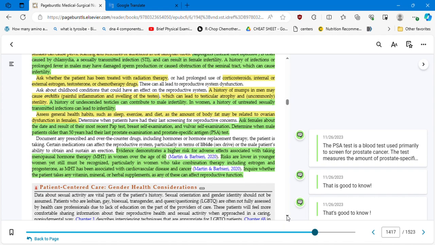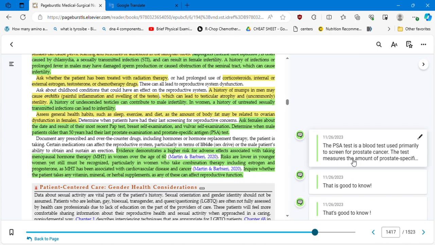Okay, so you need to pay attention to menopausal hormone therapy in women over 60. Inquire whether the patient takes any vitamin, mineral, or herbal supplement, as any of these can affect the reproductive system.